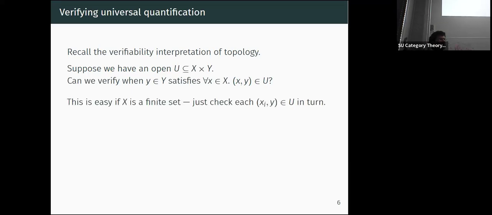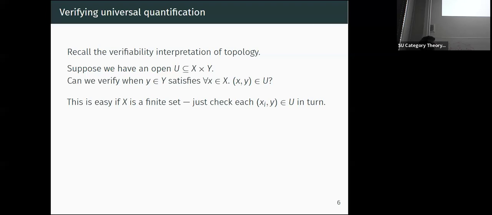Well, here's one case where the answer is yes. If X is a finite set, then we can do this, because we have x1, x2, x3, x4, say, and we can check that (x1, y) lies in U because it's verifiable, and then check (x2, y) works, and then x3, and x4.